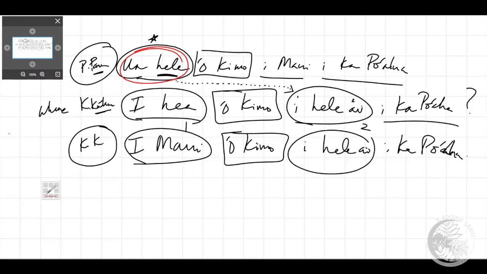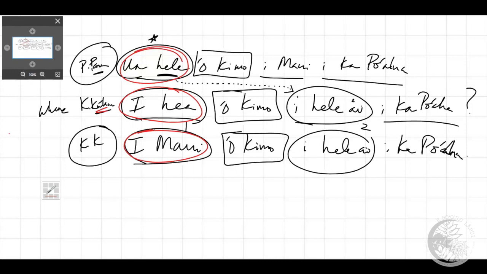In the second one, what about Kimo? I'm asking the question, to where? Focusing on the where. Therefore, the where is the main po'o. That's what's being focused on. That's why it's called a Kālele Kūlana. Or the reply might be, I Maui o Kimo iheliai ika poalua. It's to Maui that Kimo went.